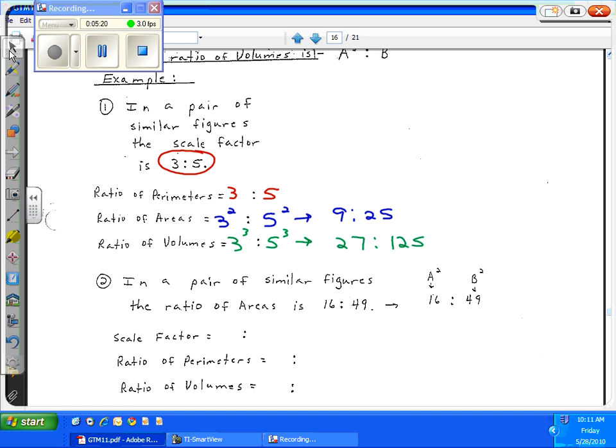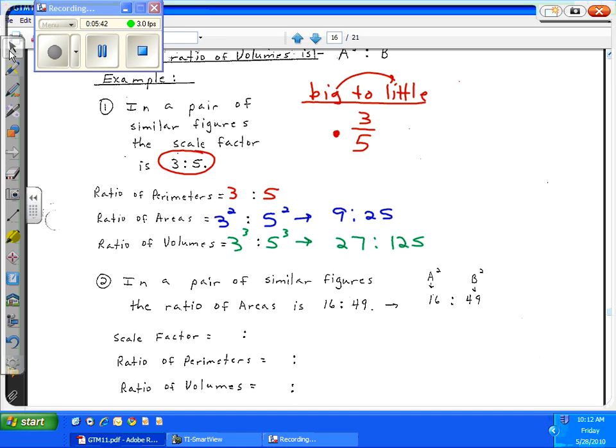Now, 3 to 5 would be what? Little to big or big to little? Well, the ratio of 3 to 5 would be big to little, because it's a factor, and a factor is what you multiply by, and if you multiplied by 3/5, it would make things smaller.